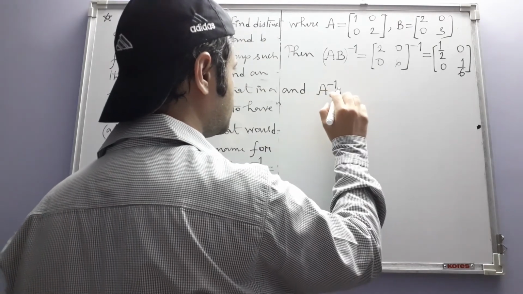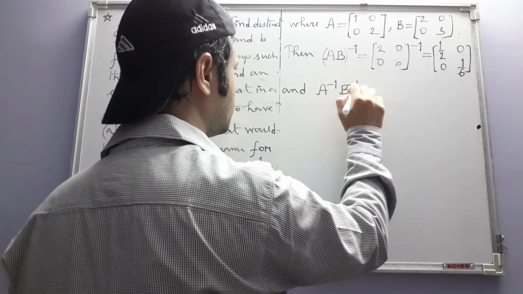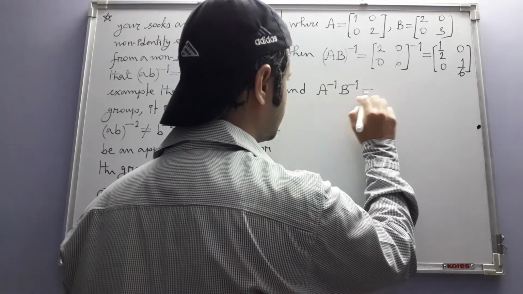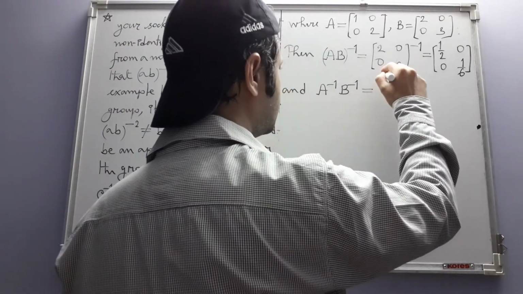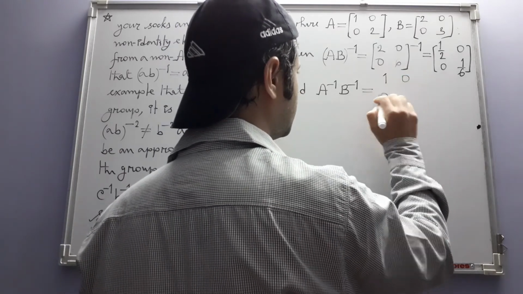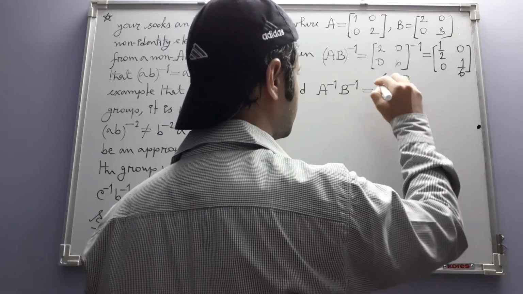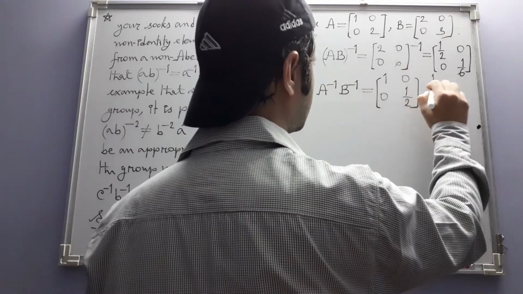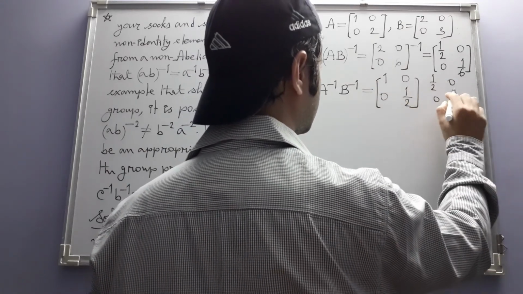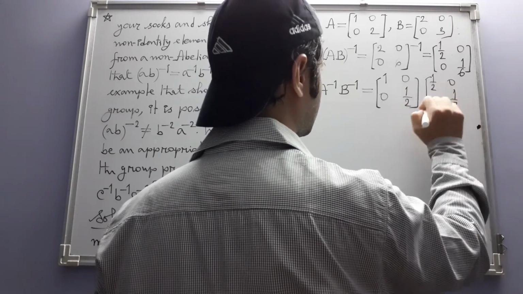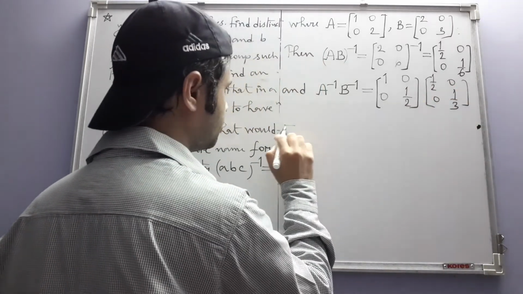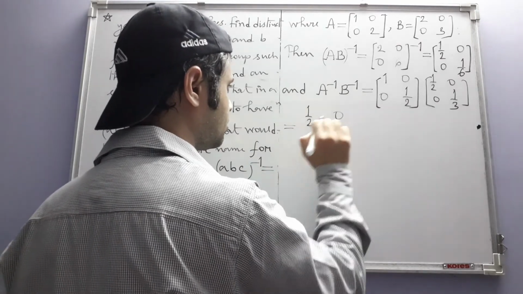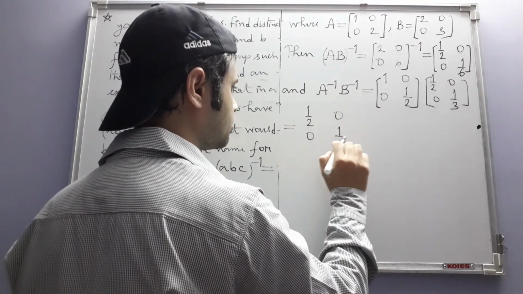and let us also calculate A inverse, B inverse. A inverse is [[1, 0], [0, 1/2]], and B inverse is this. So if we multiply them again, we will see that we have this.